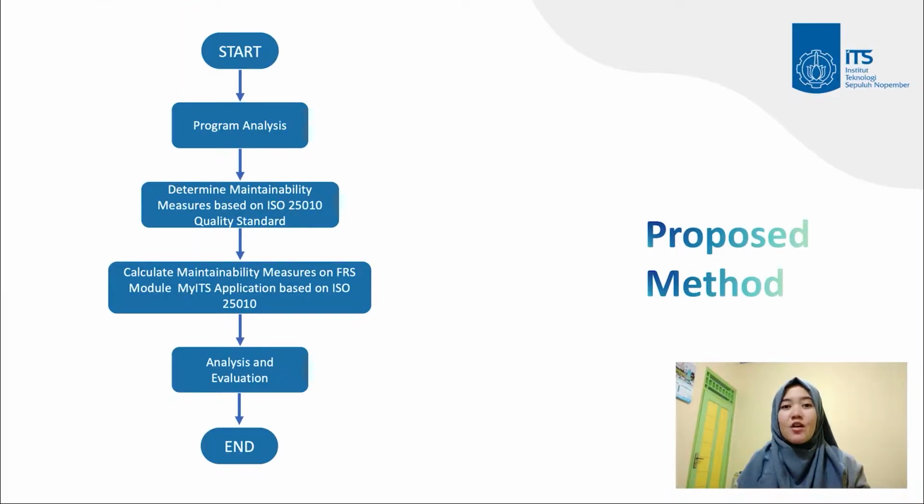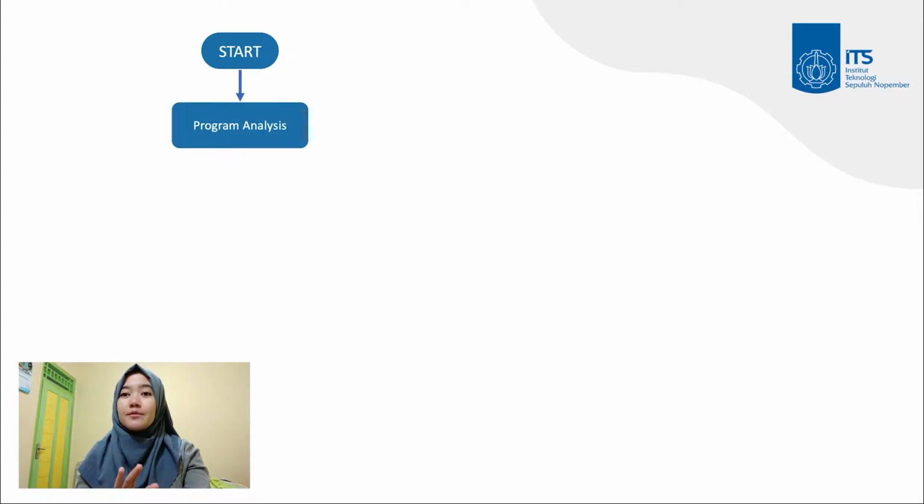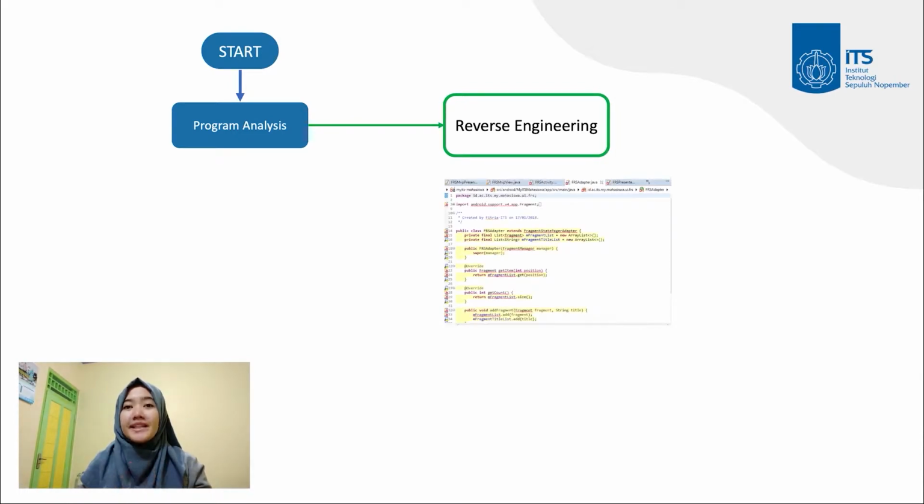In this process of measuring maintainability, we propose a method which we then describe in the following diagram. The first stage is the analysis program. In this stage, a reverse engineering process is carried out to analyze the source code of the myITS academic information system.